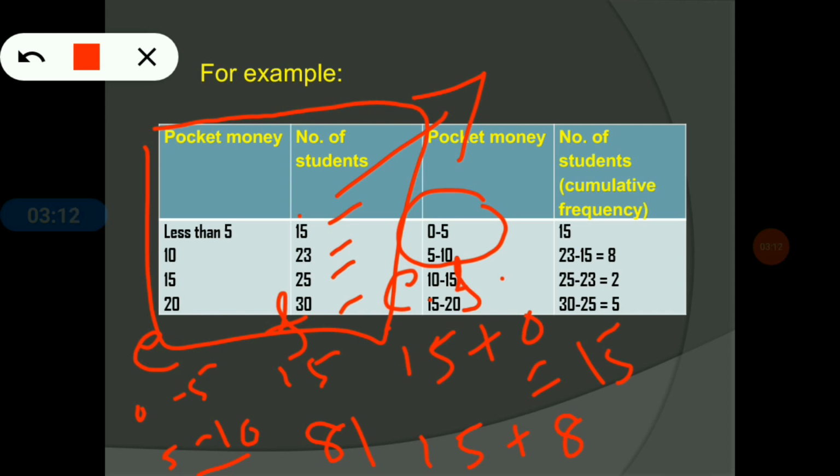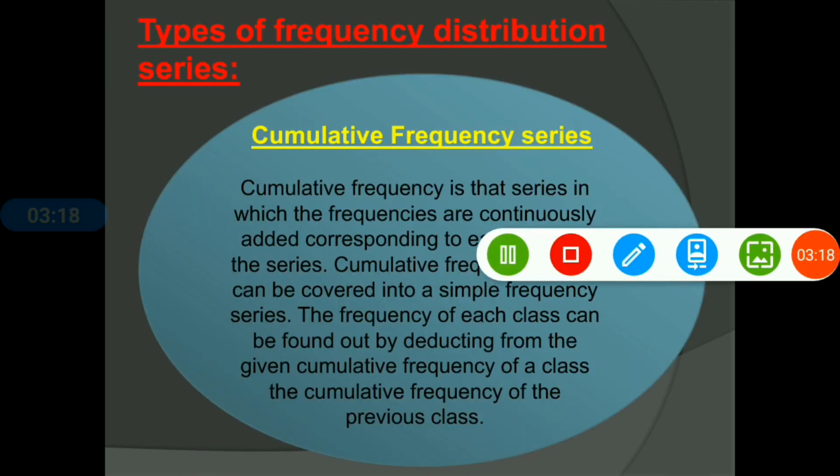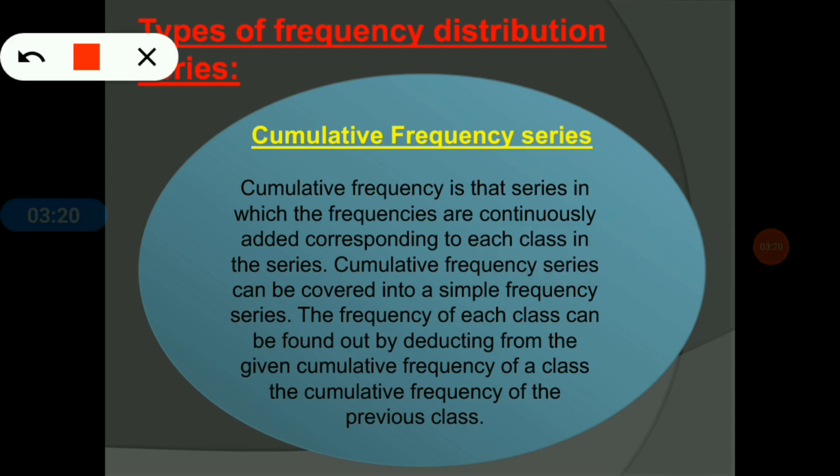Okay, so now back to the previous slide. Here we can see the cumulative frequency series can be converted into a simple frequency series, and it can be found out by deducting the cumulative frequency of the previous class from the given cumulative frequency of a class.